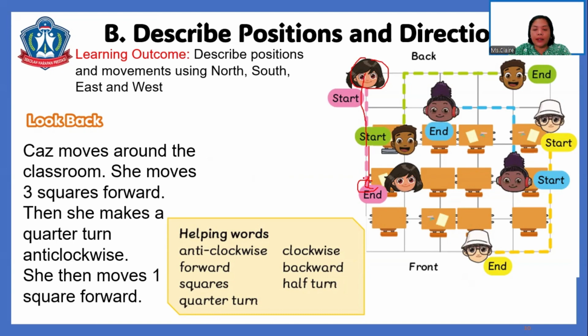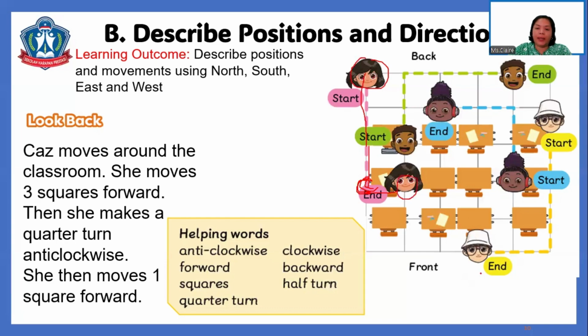Anti-clockwise means the opposite direction of the hands of the clock. So she turns a quarter turn anti-clockwise, then she moves here. Then she moves 1 square forward. Okay, so she ends here, right?